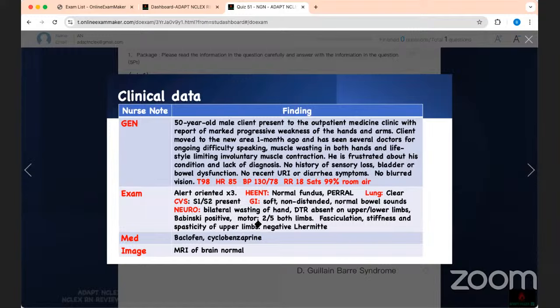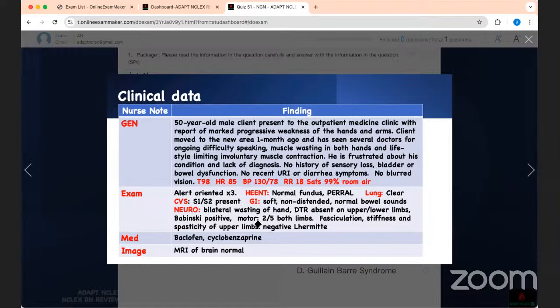No blurred vision. I give you his vitals. He's alert and oriented times 3. He has normal fundus exams. His eyes have no problem. His lungs are clear. His abdomen is soft, non distended. On neuro, he has bilateral wasting of his hands. Deep tendon reflexes are absent in the upper and lower limbs.